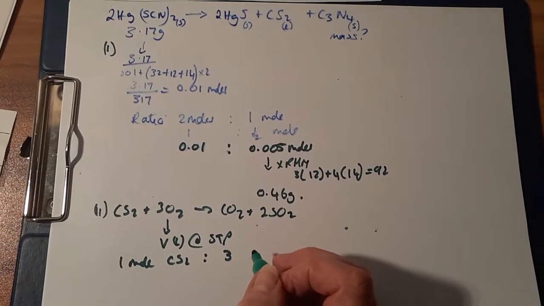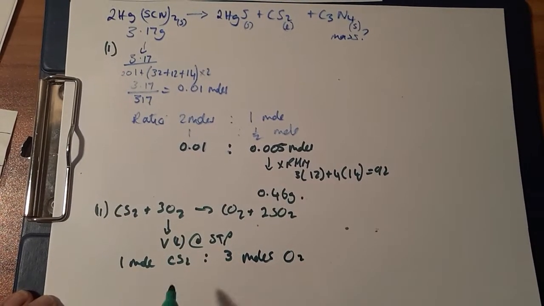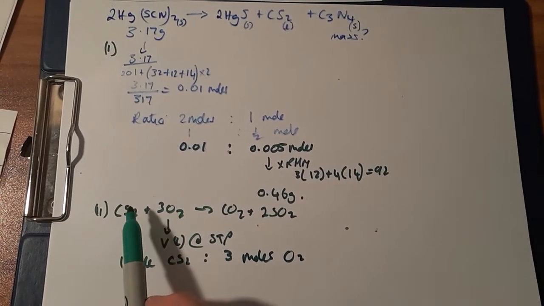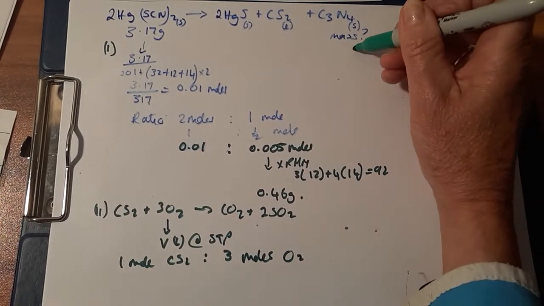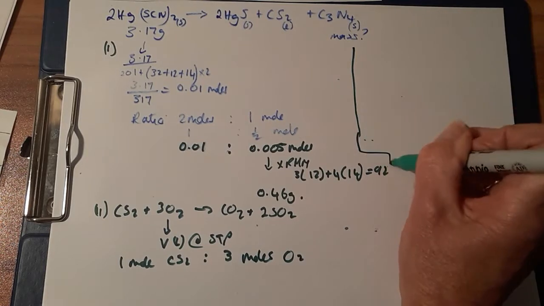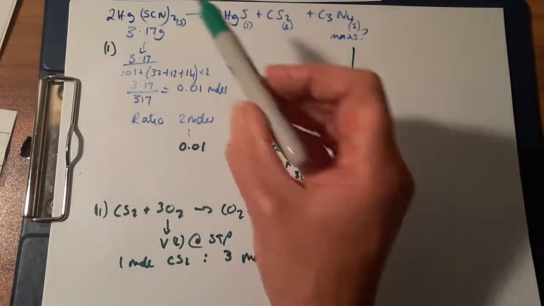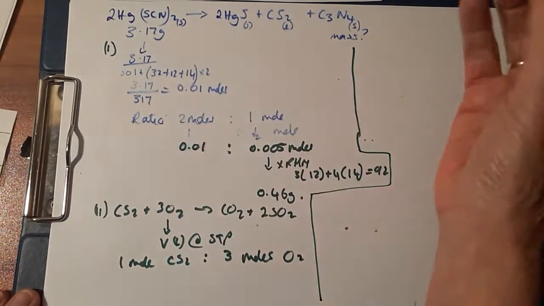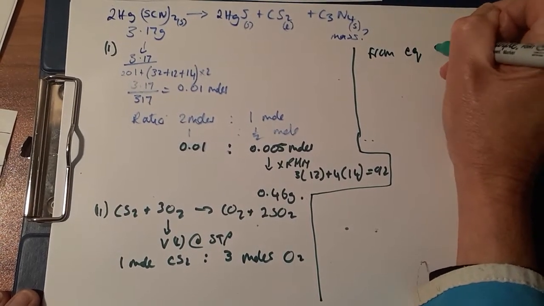So 1 mole requires 3 moles of oxygen. So I need to find out how many moles of CS2 are being used here. So, back to the original equation, equation 1.